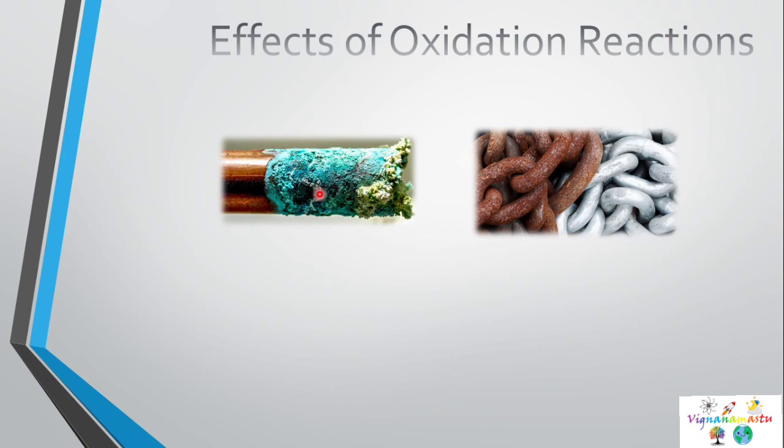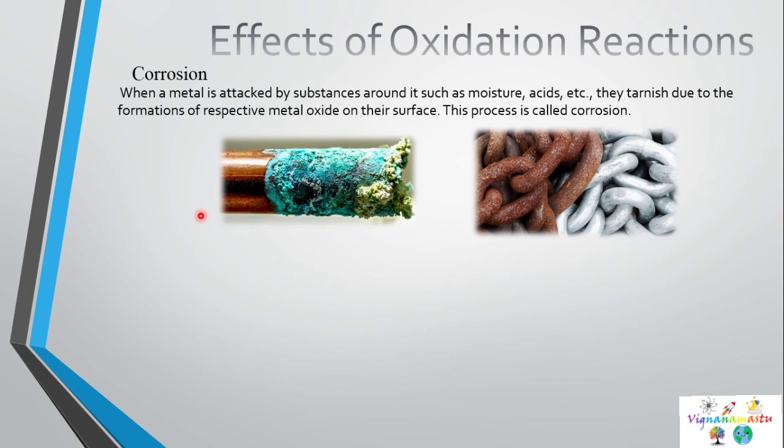Because metals, when they are exposed to the atmosphere, are attacked by moisture or acids, and this results in the formation of metal oxides, which are much more stable than the metal atoms, and that causes tarnishing of these metals, and this is nothing but corrosion. So corrosion is an effect of oxidation reaction.